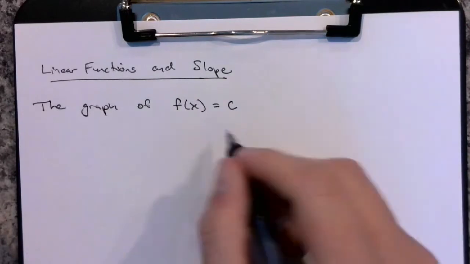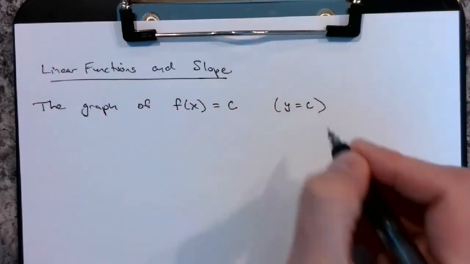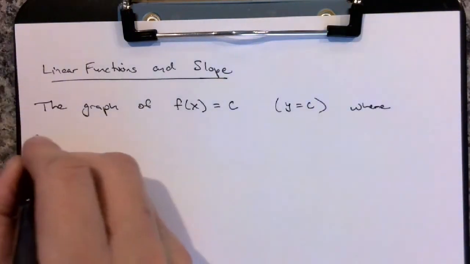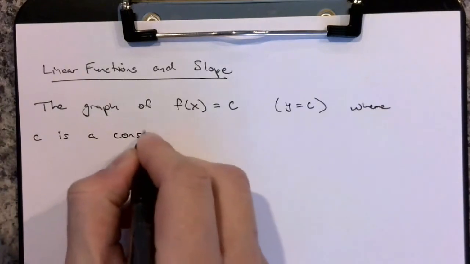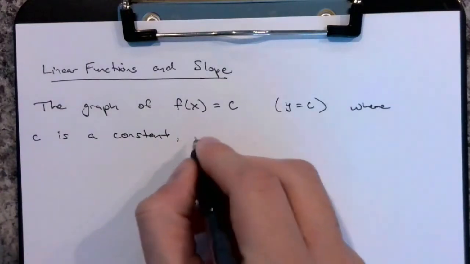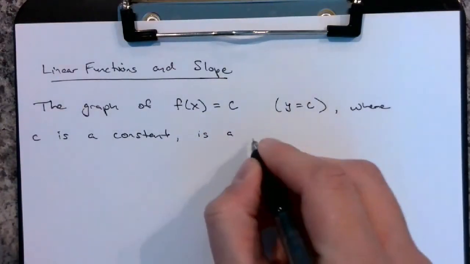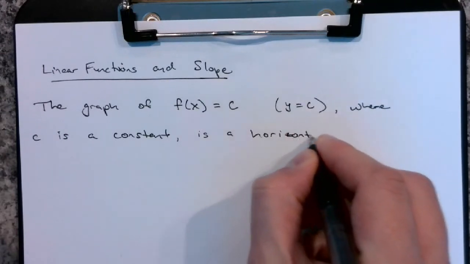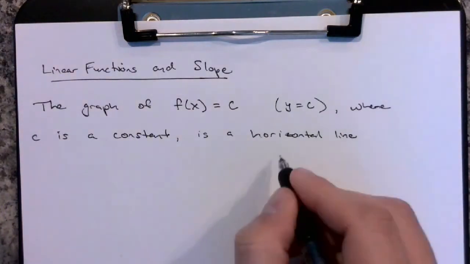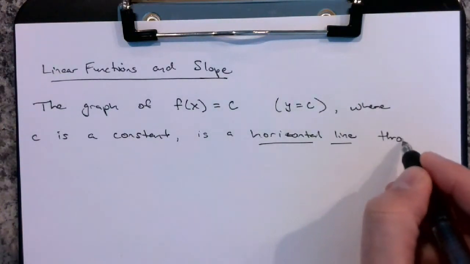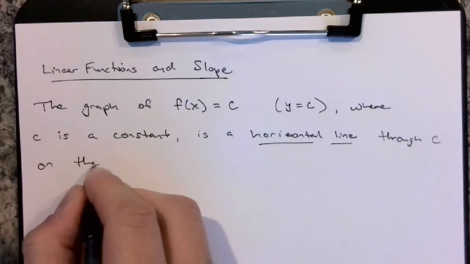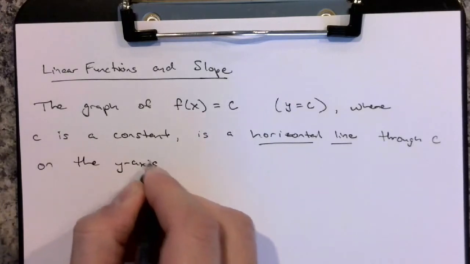When we say f of x equals c, that's the same as saying y equals c, where c is a constant, is a horizontal line through c on the y-axis.